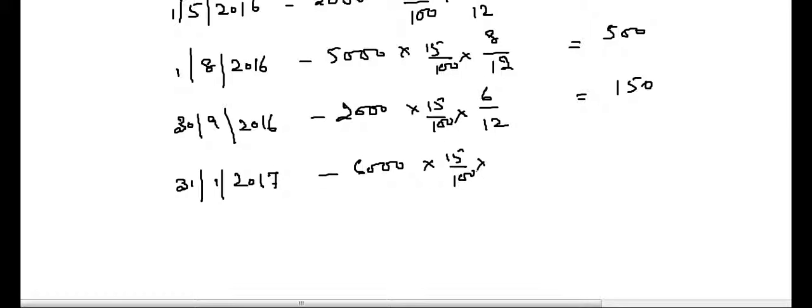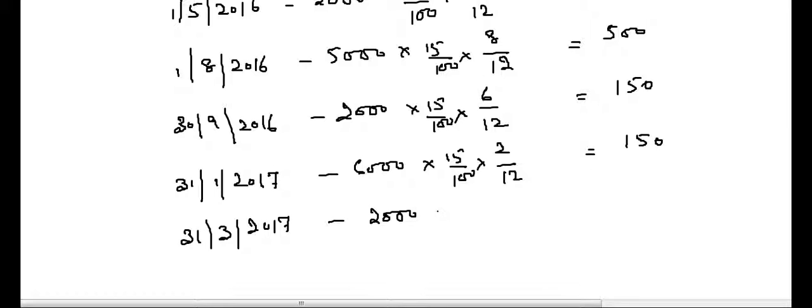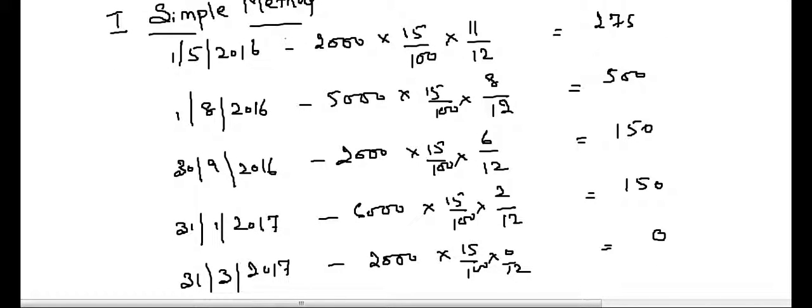How many months? February and March, just 2 months. This again comes to 150. And last is 31st of March 2017, the last day of the accounting period. For how many months? 0. Interest 0. Clear? So we have calculated interest on each individual drawing considering that it is the only drawing in a year.